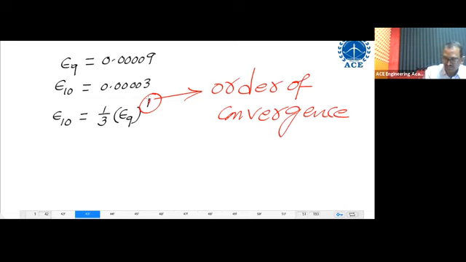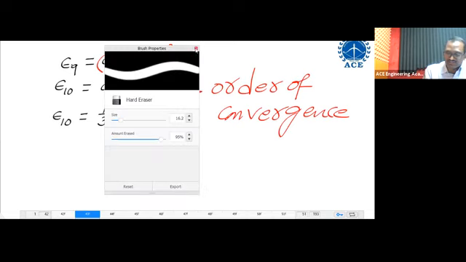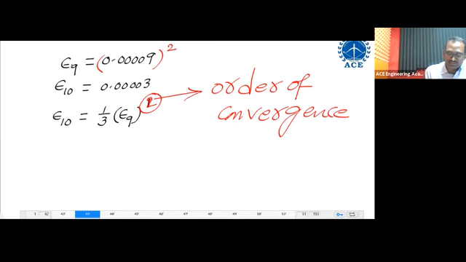This value is 1; if this value is 2, that is, if the power of epsilon 9 increases, then the error will decrease, because 0.00009 squared is very small as compared to 0.00009. So this is called order of convergence. Remember, as the order of convergence increases, the error will decrease.